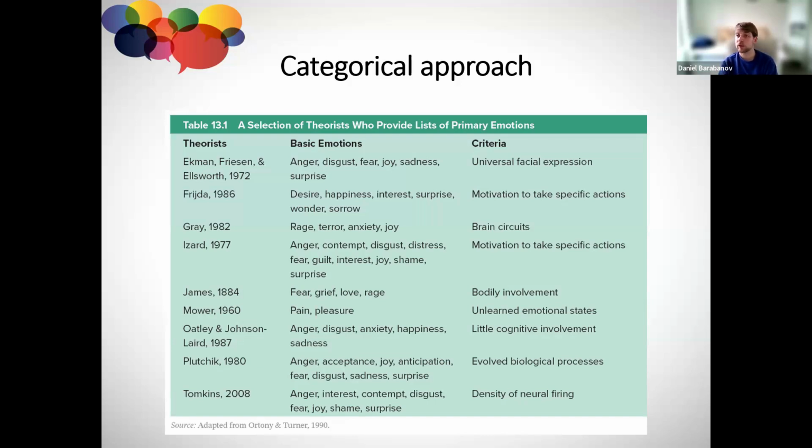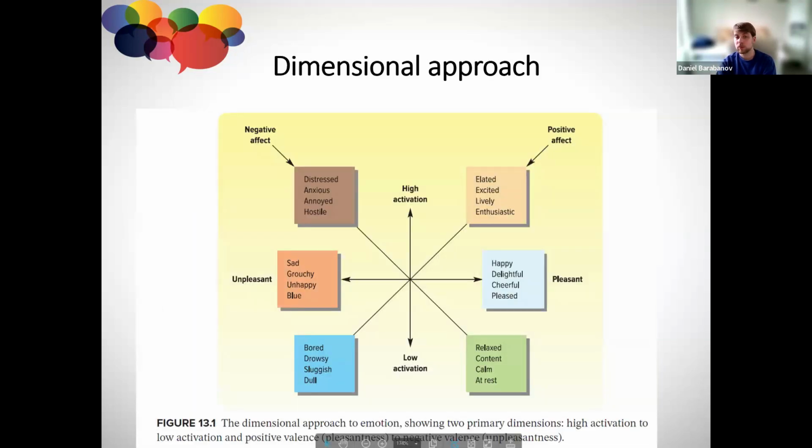Given that emotions have this 3-piece structure, you can base your classification on different principles. The dimensional approach, as I said, usually puts all emotions in a system of 2 coordinates, with high and low activation on the vertical axis and pleasant and unpleasant emotions on the horizontal axis.